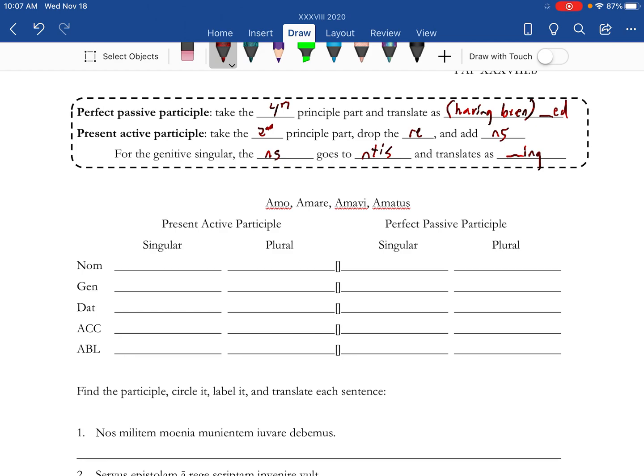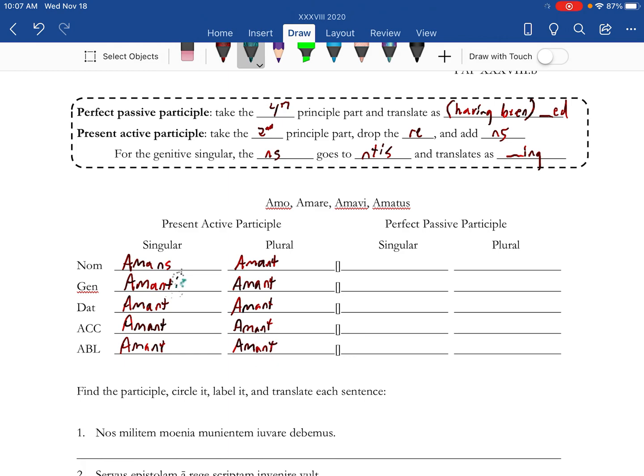So, present active participle, we have amo, so I'm going to drop the RE, add an S. Then for the rest of these, I'm going to switch out that NS for an NT and get ready to add my endings. Now, two things can happen here.